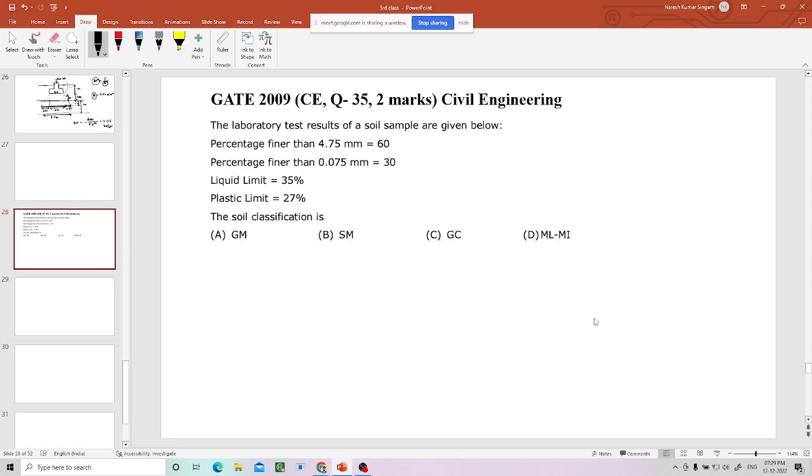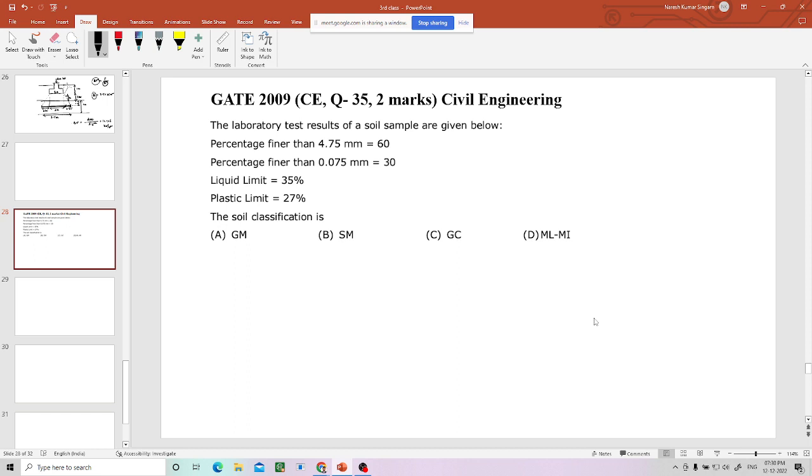This question is also from the 2009 GATE question paper. Question number 35, having 2 marks. If you go through the question, then I can tell you what this is about. The laboratory test results of a soil sample are given below.